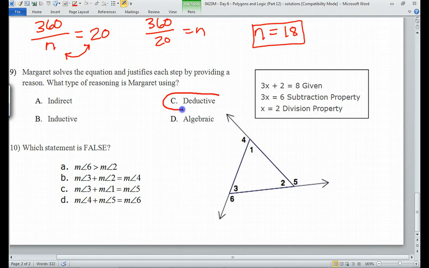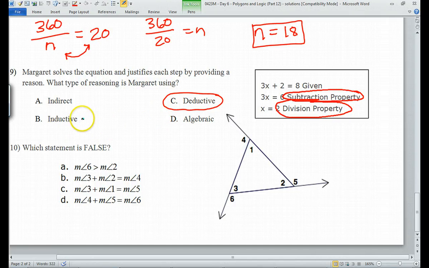Deductive is what was used because she's following accepted rules. The subtraction property of equality, the division property of equality. Those are accepted mathematical rules that she followed to arrive at her conclusion. She wasn't just observing a pattern.